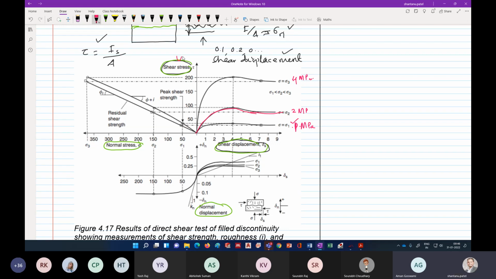This is the shear stress versus shear displacement curve. And this value is your shear strength for that value of confinement. Is this clear? How do you get your peak value? This is a peak value for this one. This is a peak value for this one.